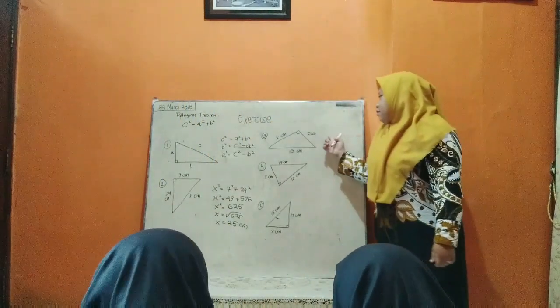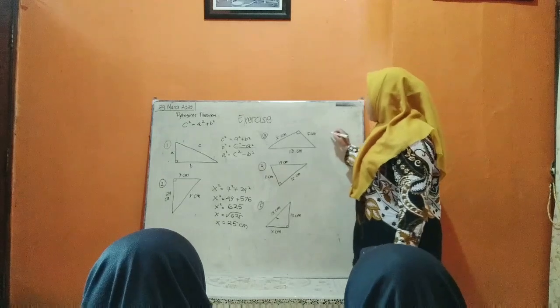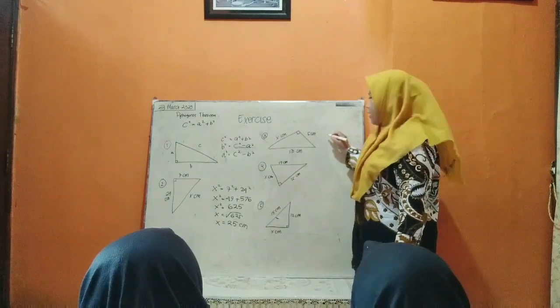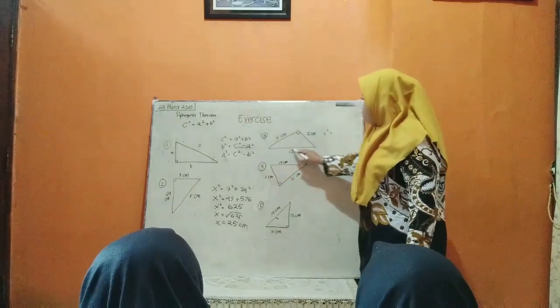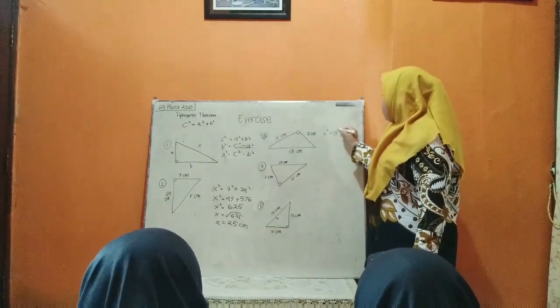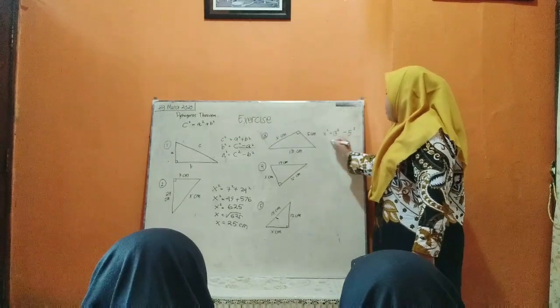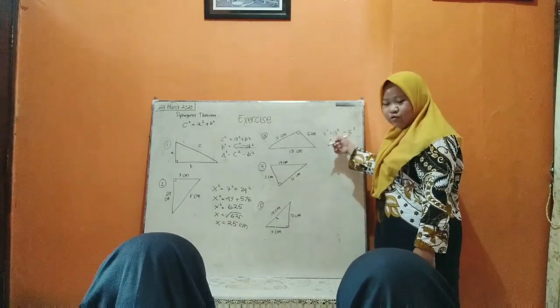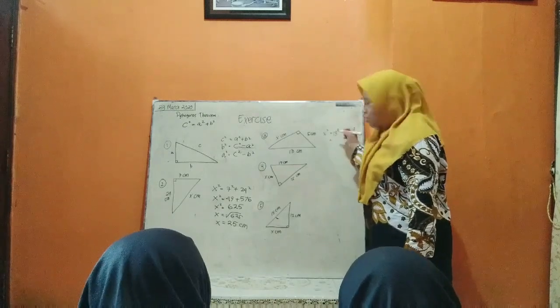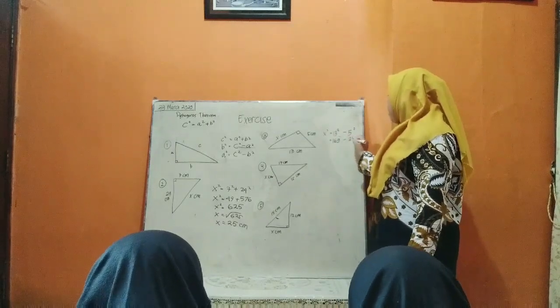The next is number 3. Number 3 is determine x, the value of x. We use the Pythagorean theorem. So x square is equal to the hypotenuse square, 13 square minus 5 square. 13 square is equal to 169 minus 25.